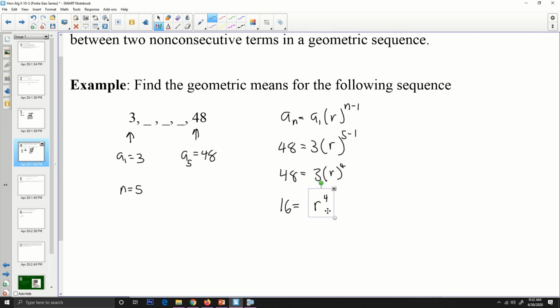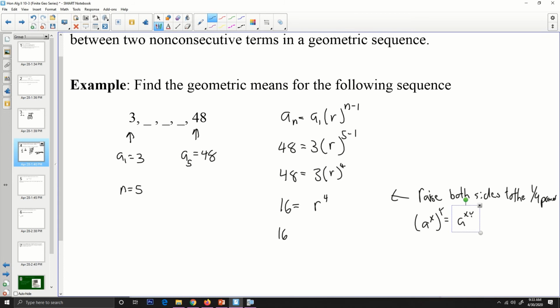Well, how do I figure out what r is? I'm going to raise both sides to the 1/4 power. And what that's going to do is when I use a to the x to the y, I'll get a to the xy, and then 1/4 times 4 will be 1.